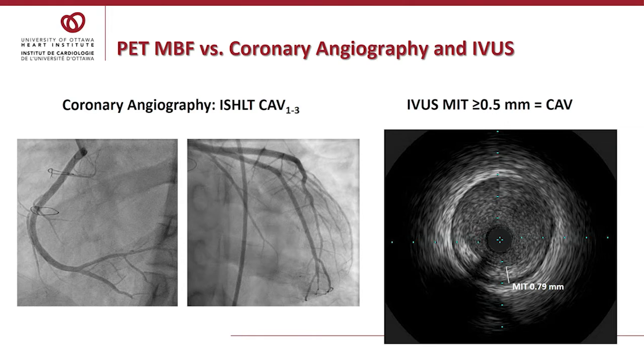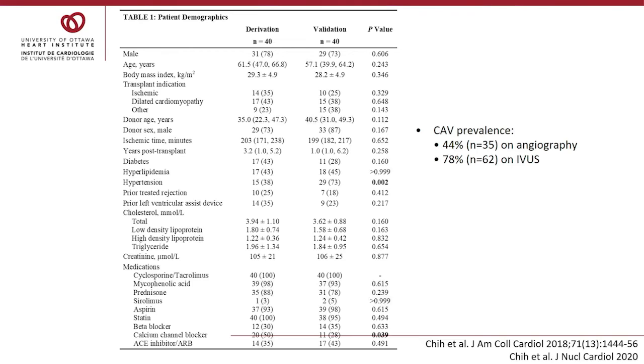In this study, angiography as well as IVUS were used as reference standards for CAV. On angiography, the standard ISHLT definition that I flashed up earlier, and on IVUS, we used a surrogate measure of CAV, a maximal intimal thickness of 0.5 millimeters, which has been shown to be prognostic.